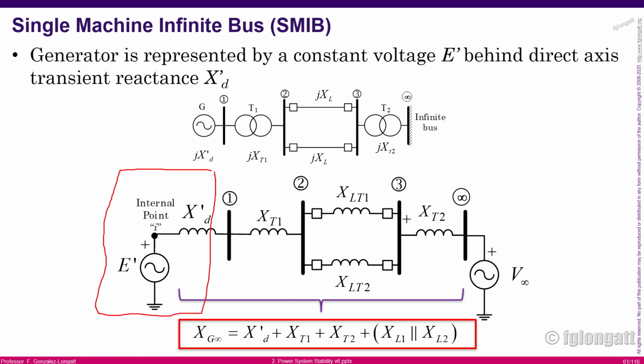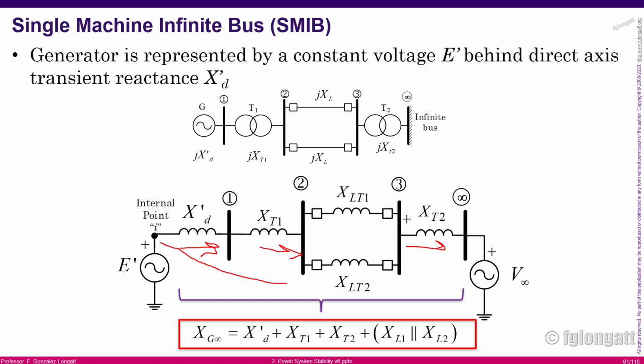We are using the transient model, that is a constant voltage source behind the transient reactance, okay? And then you must remember that for the electric power interaction, we need to take into account the total reactance that is connecting the infinity bus bar and the internal point of the generator, okay?